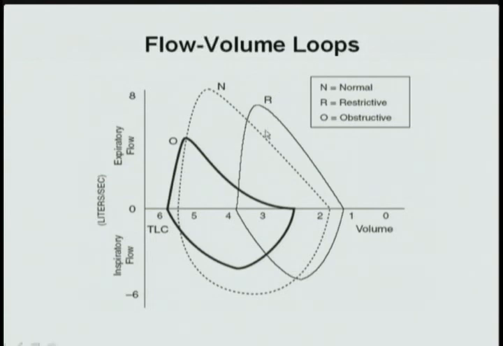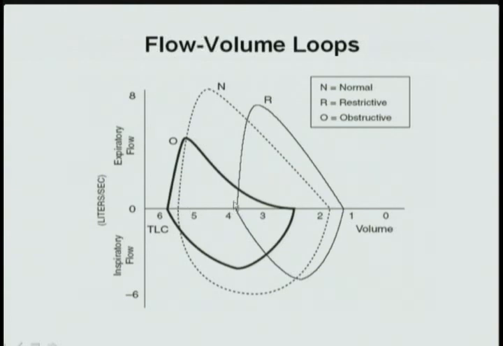Compare this now to restrictive disease. Look at this: restrictive disease is all the way to your right. Why? Because if you compare the volumes of a patient with restrictive disease, the residual volume is decreased. Remember, their lungs are restricted; they're small. Their residual volume is decreased, and their total lung capacity right here is decreased compared to the normal one.